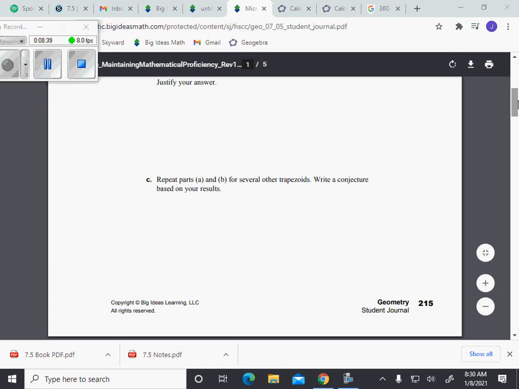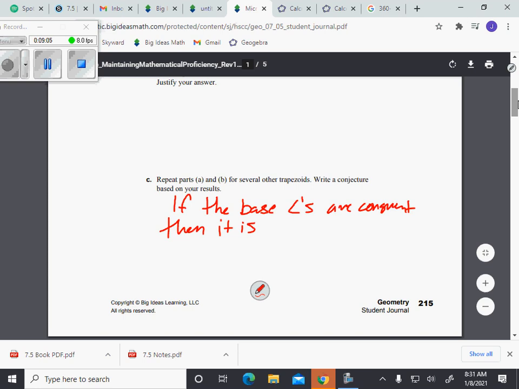We can say that if the base angles of a trapezoid are congruent, then it is isosceles. Okay, so if the base angles are congruent in the trapezoid, then we know that it is an isosceles trapezoid.